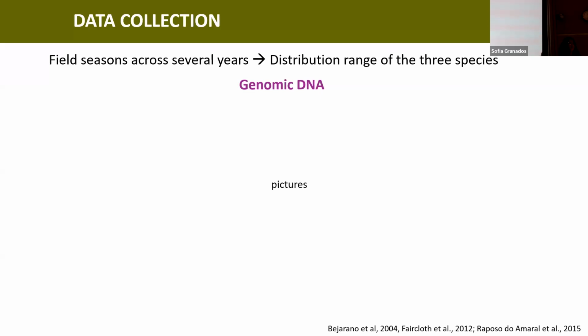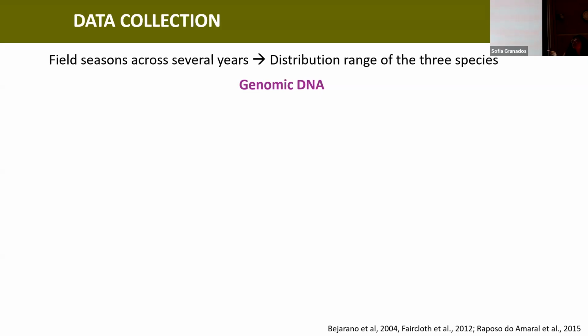I didn't collect basically any of these samples myself, because in order to have a huge data set that covers the distribution range of all of the species, you need a lot of field work. So I worked with a bunch of data that was already collected, with the DNA already extracted. I went to the field a few years ago and collected some of the samples, and a few of them are in my data set, but the majority are not.